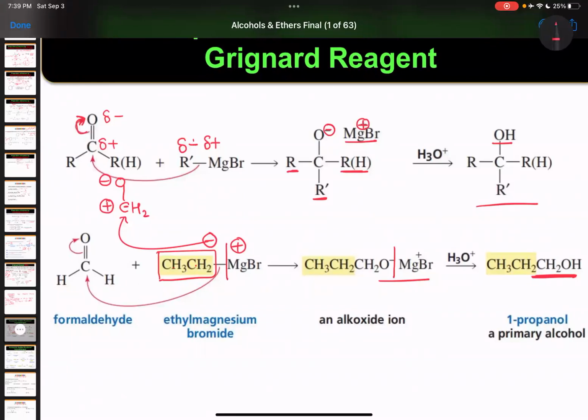If you react that Grignard with formaldehyde, you are going to end up with an alcohol, because this CH2OH has come from formaldehyde. So you are going to have an alcohol with one CH2OH extra. So if you want to make a primary alcohol with one more carbon atom, use Grignard and formaldehyde or methanol. Is it clear?